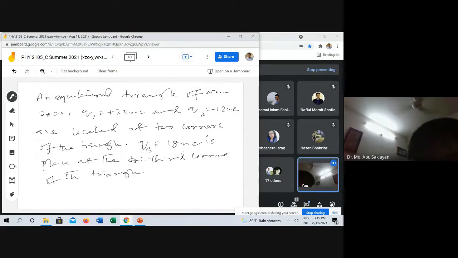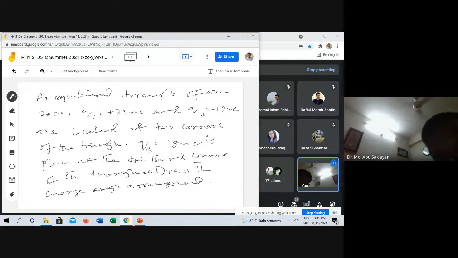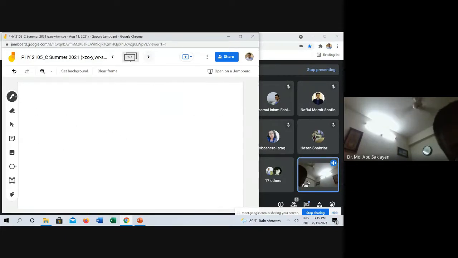Draw the charge arrangement at first. A: draw the charge arrangement.